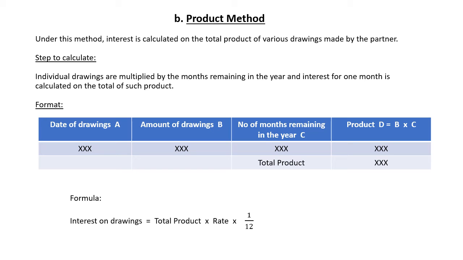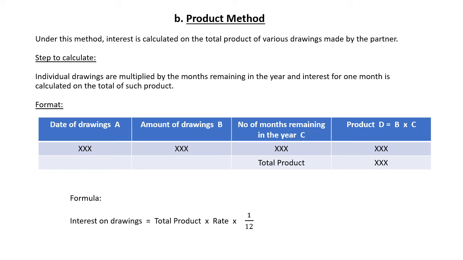Date of drawings we have to record in column A. Amount of drawings we have to record in column B. Number of remaining months we have to record in column C, and we have to multiply column B and column C to get total product D. After calculating total product we have to apply this into the formula. Interest on drawings equal to total product into rate of interest into 1 by 12.